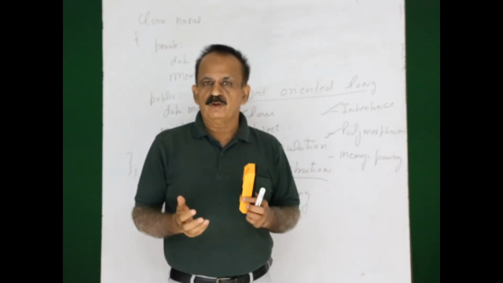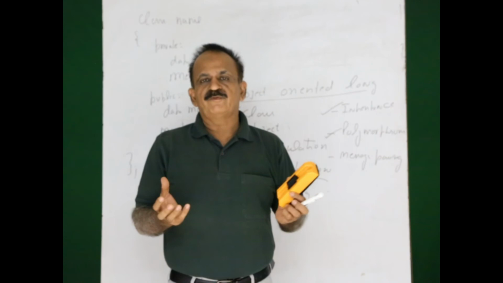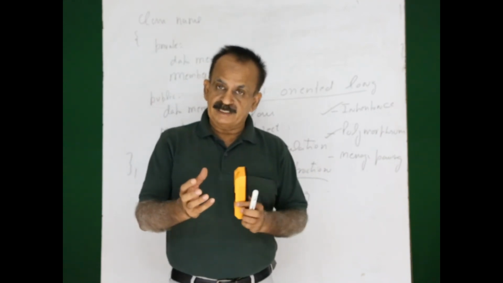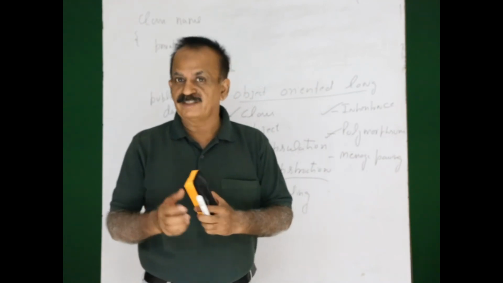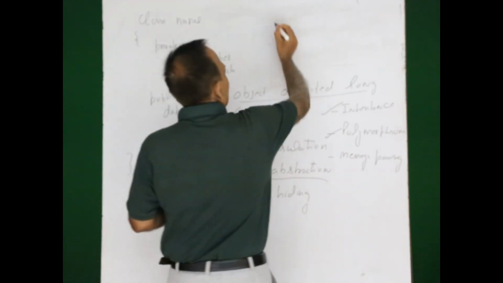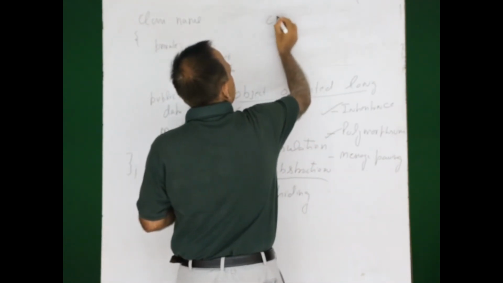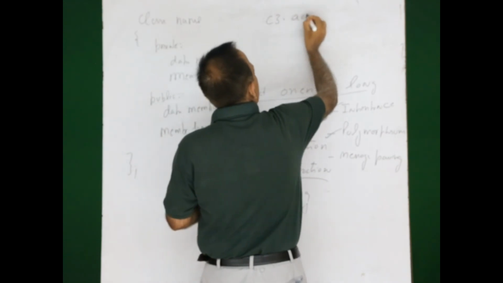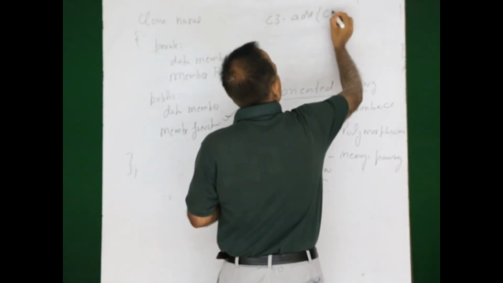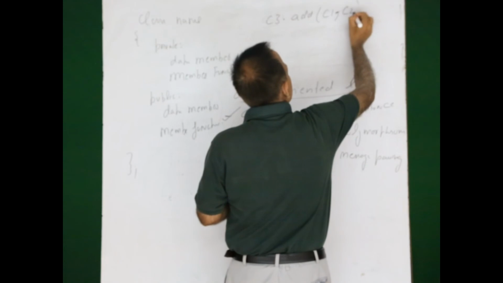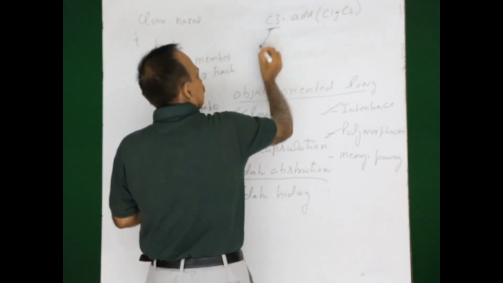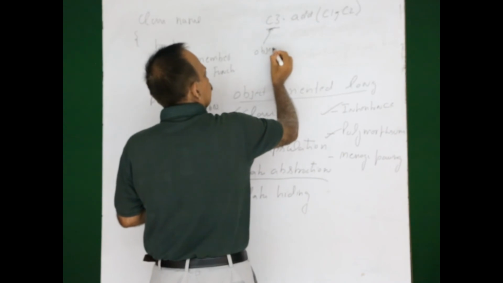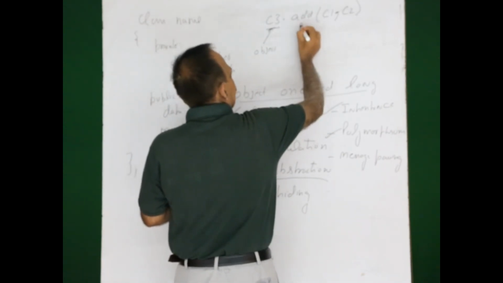Now in object-oriented programs, we use different objects, and these objects interact with each other with the help of the functions. For example, I use this example, C3.add(C1, C2). In this case, C3 is the object, and this object is using this message, the method.